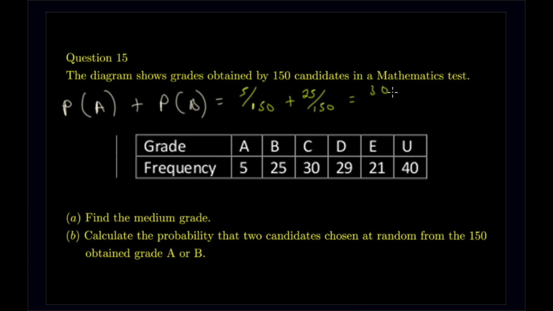You get 30 over 150. So 30 over 150, you get what? It's 1 over 5. This is the probability. So the probability of choosing 2 people who have either grade A or B is 1 over 5.